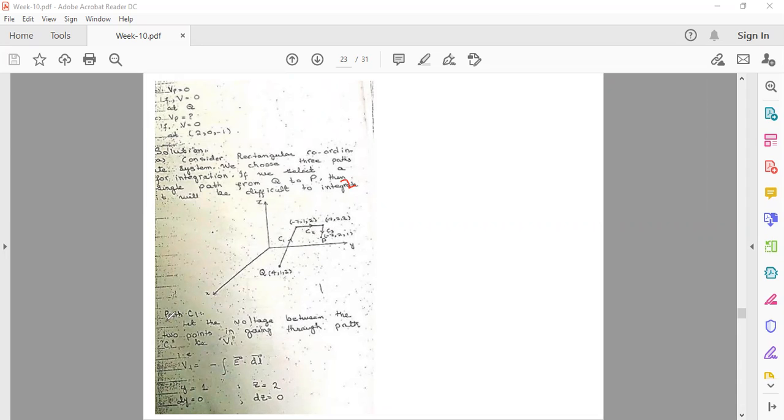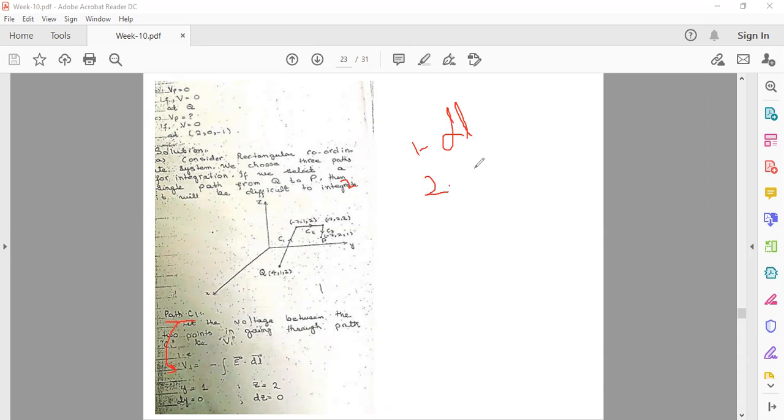Okay, so first we will start with path C1. For the potential of C1, we call it V1, the potential for C2 will be V2, and the potential for C3 will be V3. So V1 is minus integral of E dot dL. The first step is to specify dL, that is, what is the direction of dL.